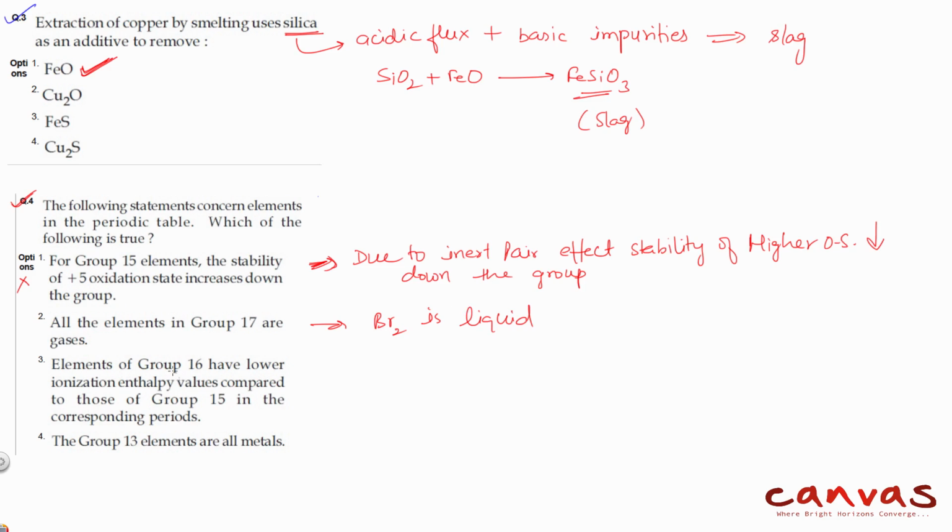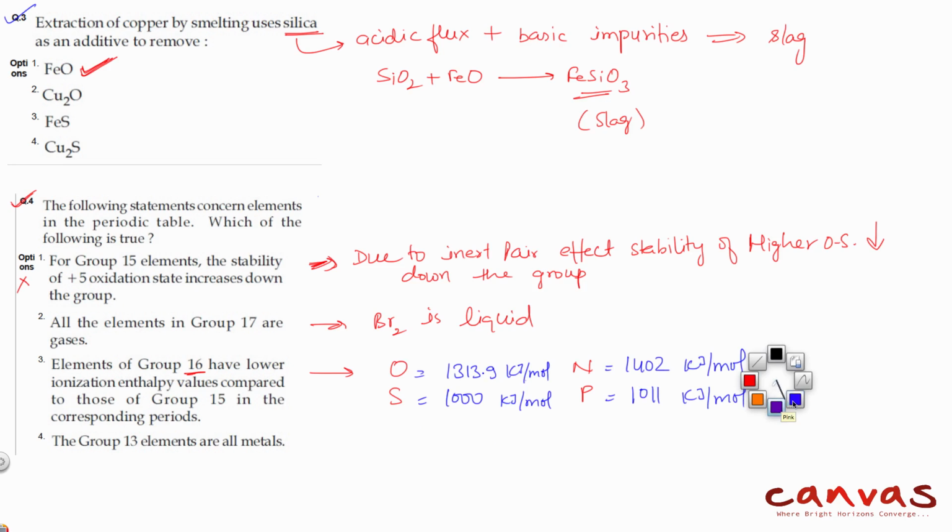Third, the elements of group 16 have lower ionization enthalpy values compared to those in group 15. Now let us compare the values. The oxygen and nitrogen, then we can compare sulfur and phosphorus. For oxygen and nitrogen, nitrogen has a higher value of ionization energy because of its half-filled orbital.